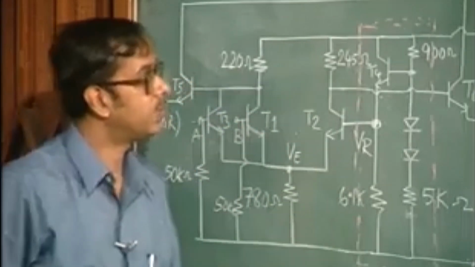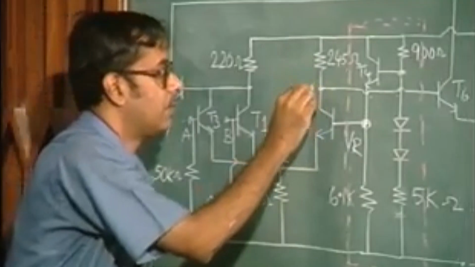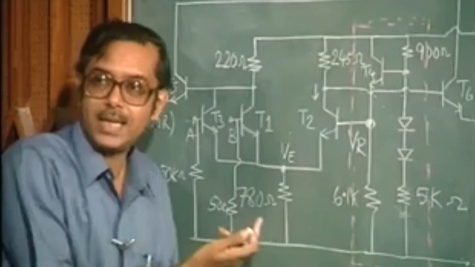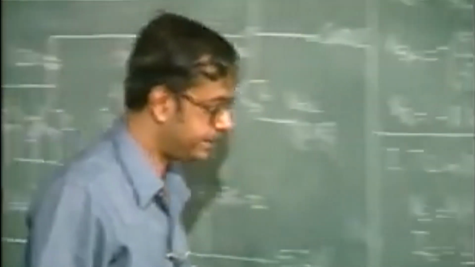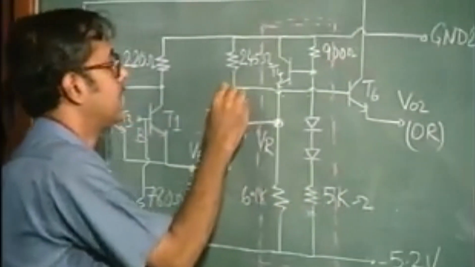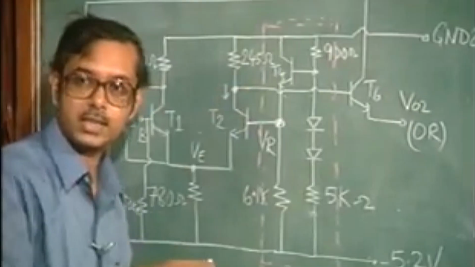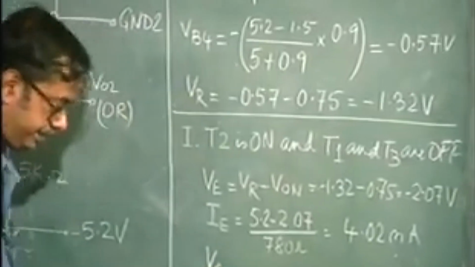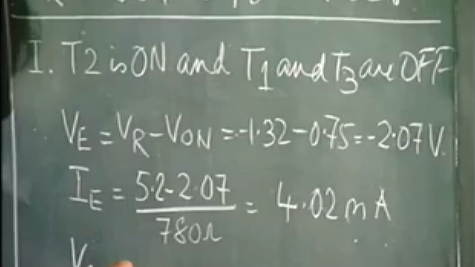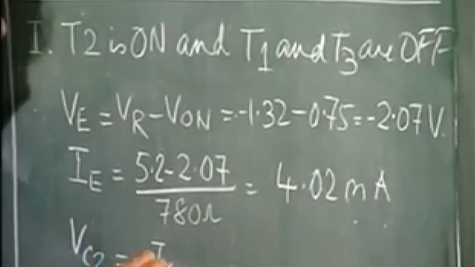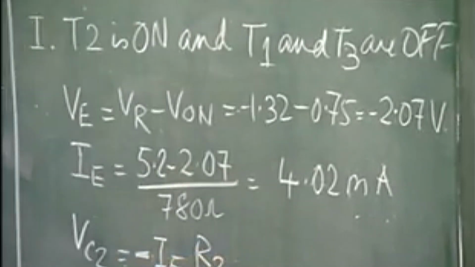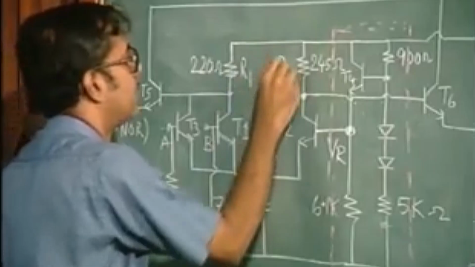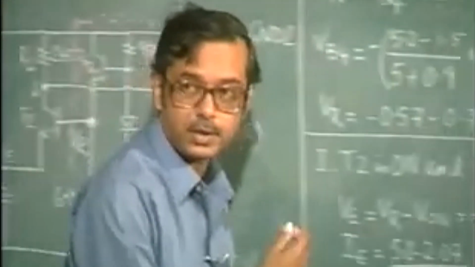Now, this is the collector current. So the beta is high, the collector current of that transistor is equal to the emitter current. So the collector voltage of transistor T2, Vc2, is equal to minus IE R2, if I call this R1 and this R2, which is 245 ohms.